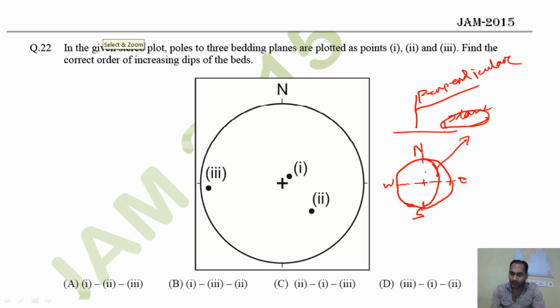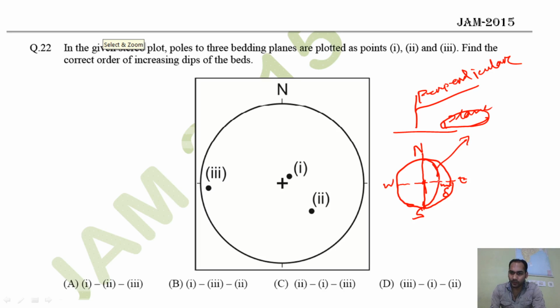This is the strike of the plane. What is the dip? This is the dip amount. So this length on the east-west line we are measuring for the dip.